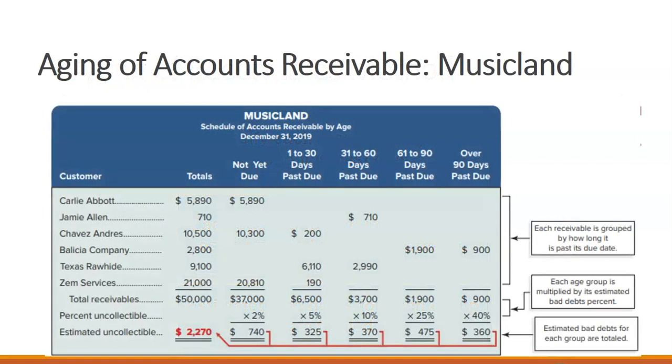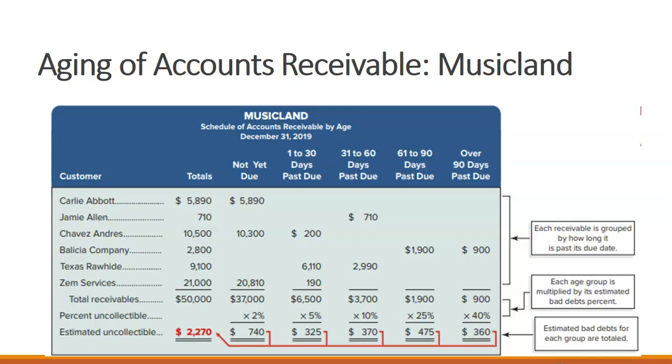Let's look at an example. So we have new receivables that just happened in this month, receivables that are anywhere from 1 to 30 days past due, 31 to 60 days past due, and 61 to 90 days past due, and over 90 days past due. Then we have a bad debts percent for each group.